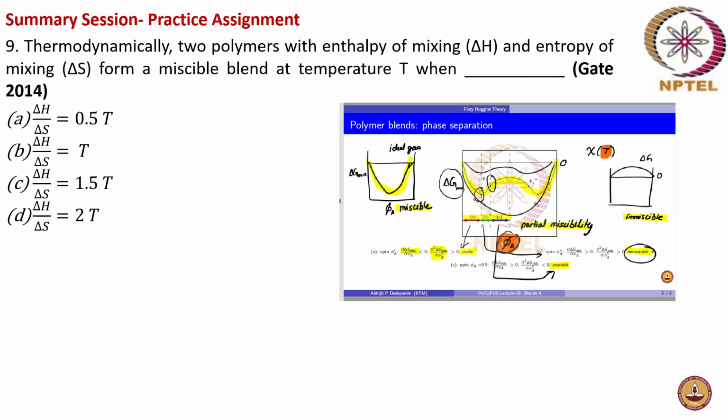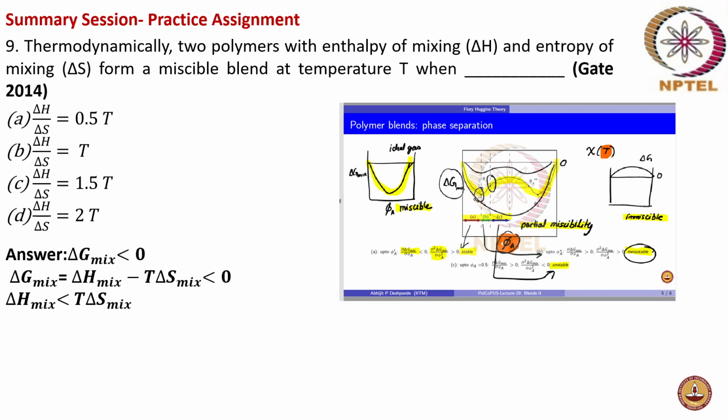Yes, because as he said, your delta G of mixing should be less than 0. Then only you will form a miscible blend. So delta G of mixing should be less than 0. That means delta H minus T delta S should be less than 0.